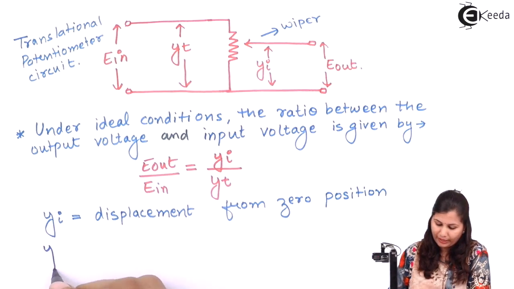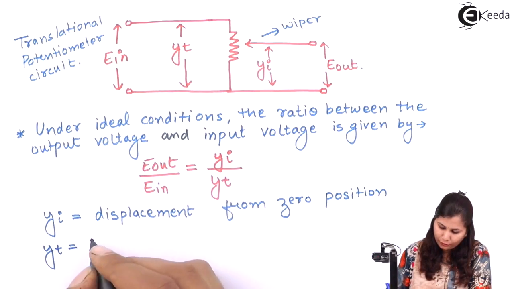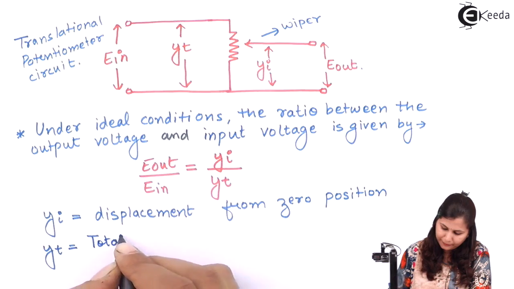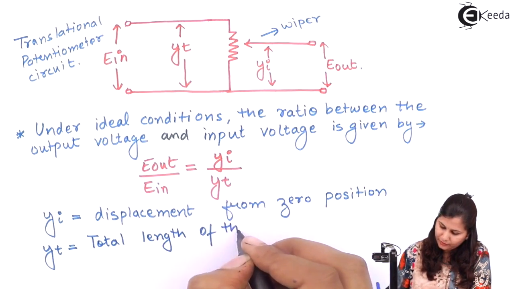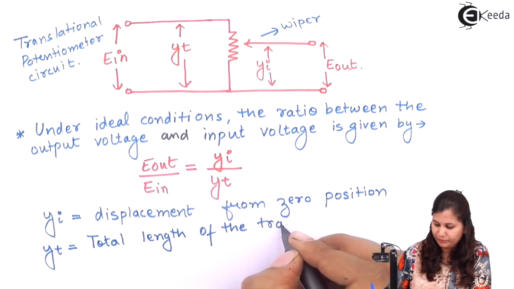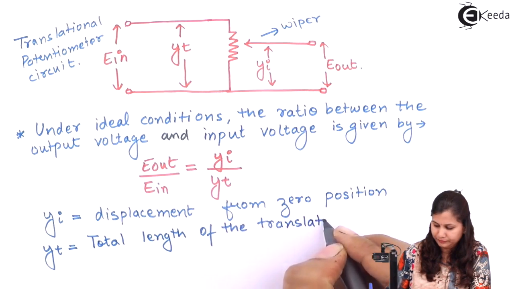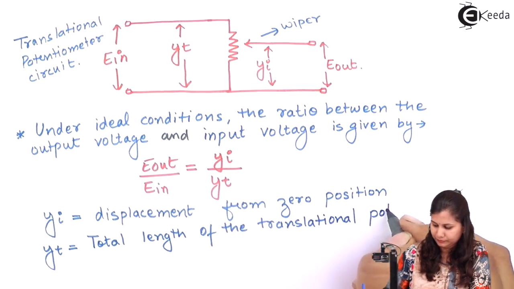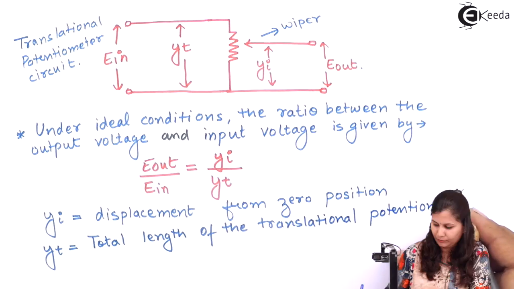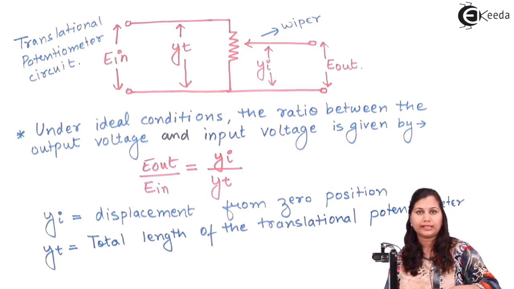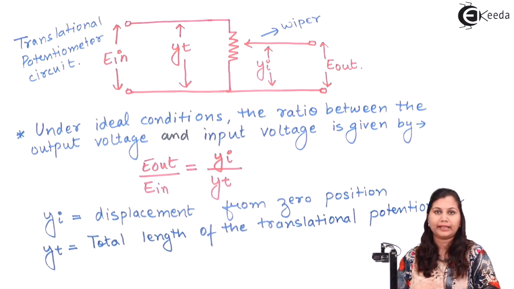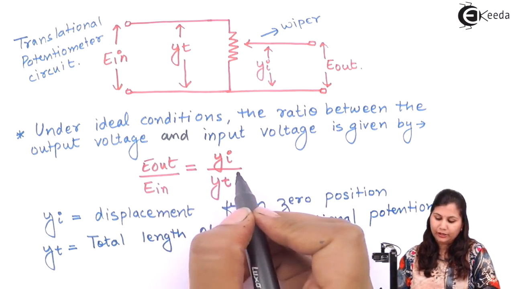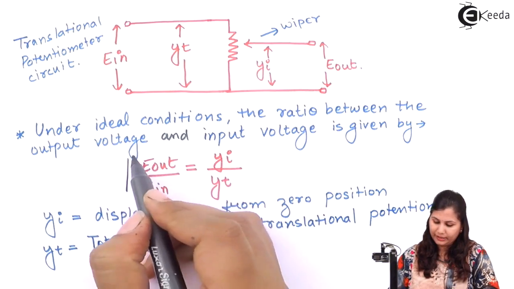Now Yt is the total length of this translational potentiometer. So in the translational potentiometer, this ratio E out by E in is equal to Yi by Yt.